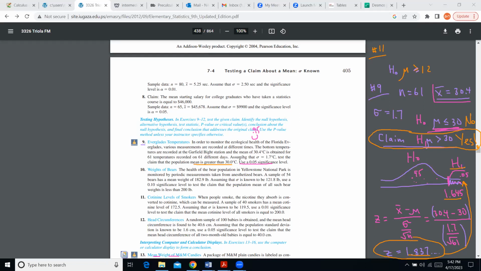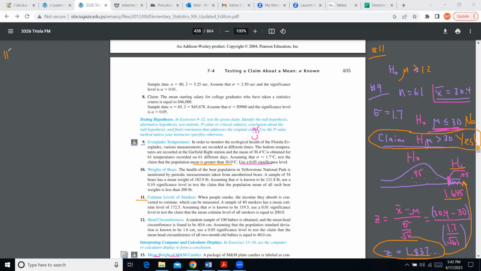And that's really important. So we testing hypothesis, and we need to, I guess, follow this same process pretty much in every single exercise. So let me do another one.